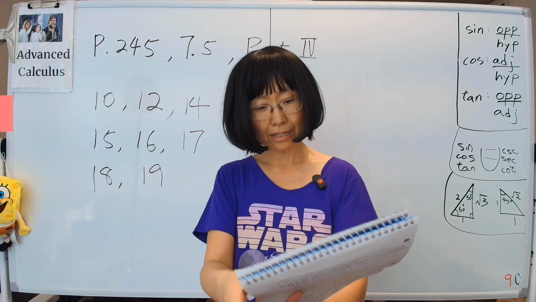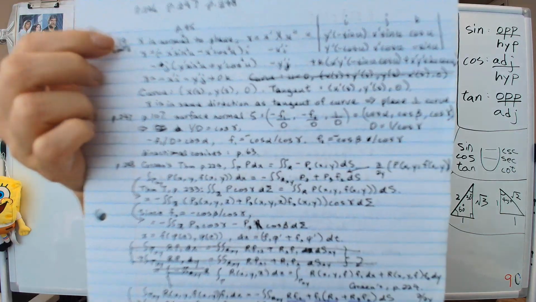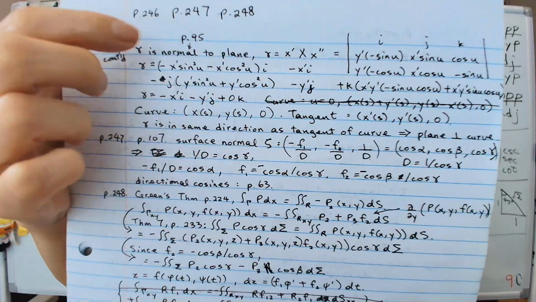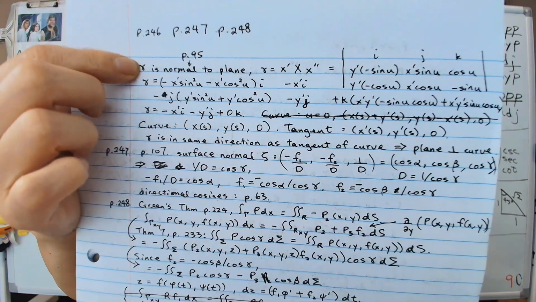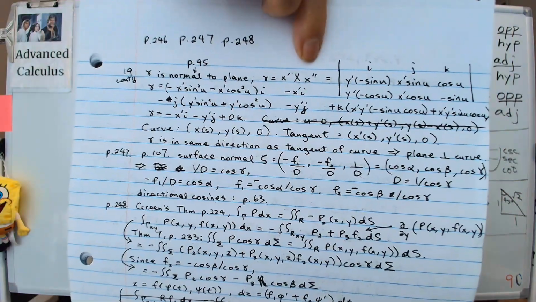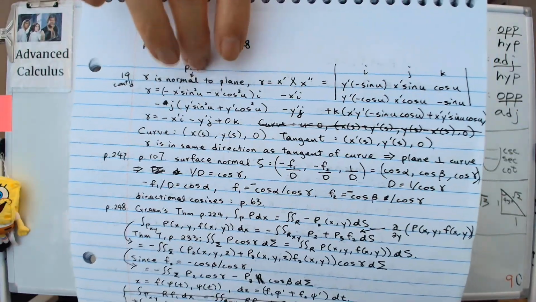All right, so the next page is the plane of the circle. We'll call it gamma. The plane of the circle is just a plane, but gamma is its normal. Gamma is given as x prime cross x double prime, and this is given on page 95, the definition of gamma.